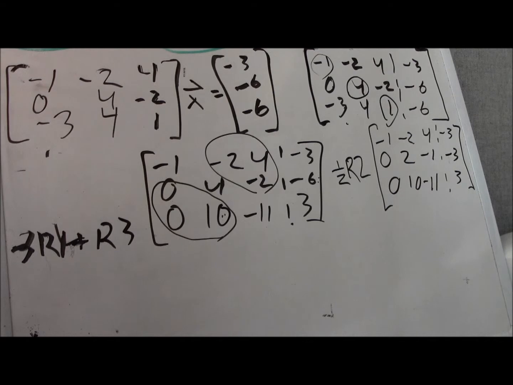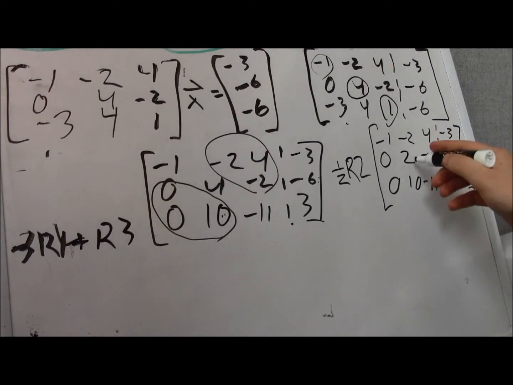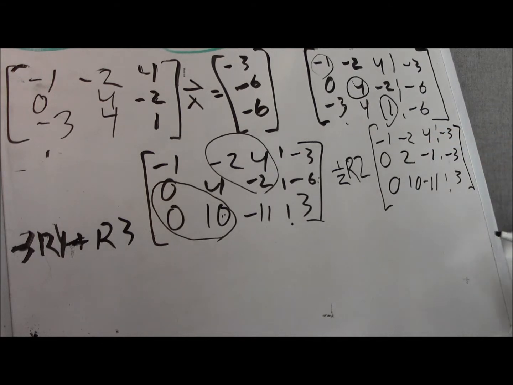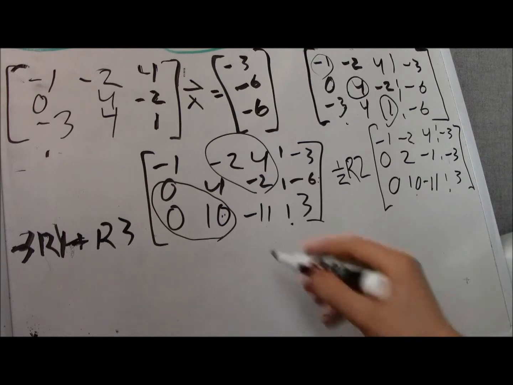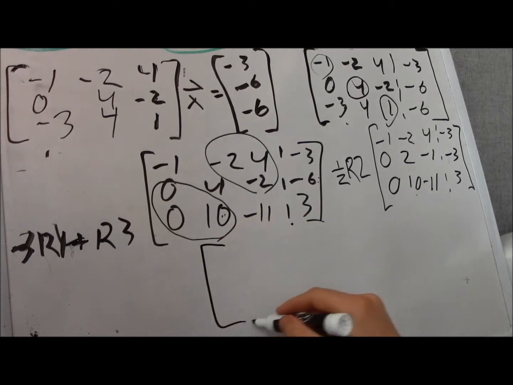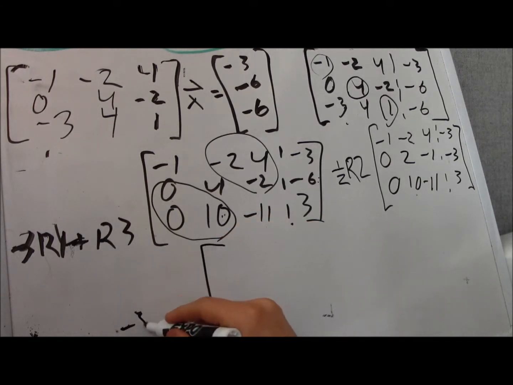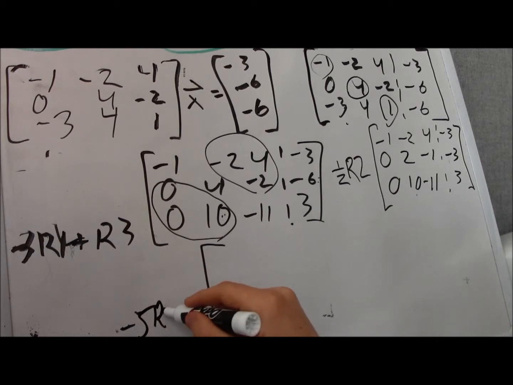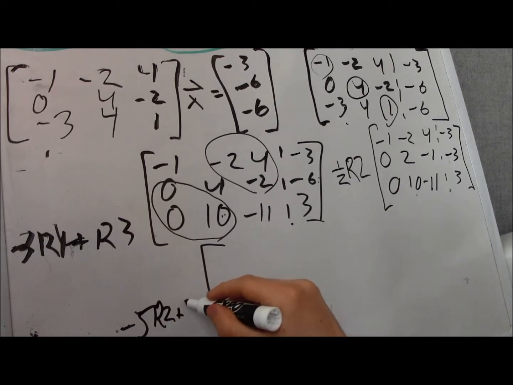And now we want to keep going, so as you can see, we can add -5 times this row plus this row. That'll give us a 0 right here. So let's do that. -5 times the second row plus the third row.